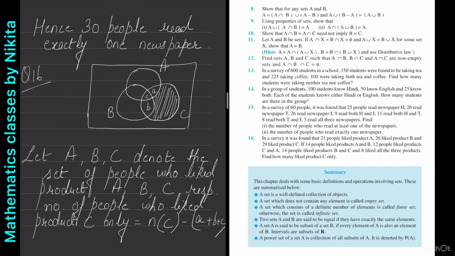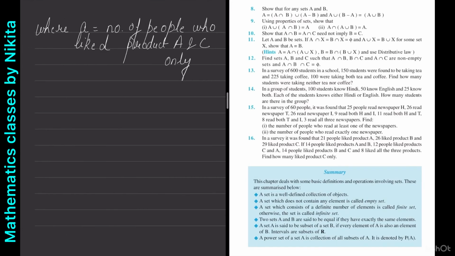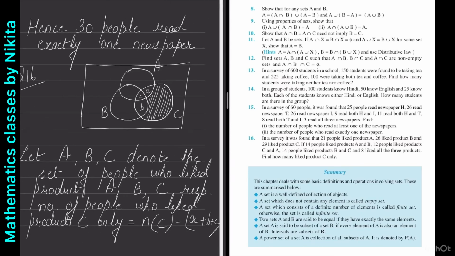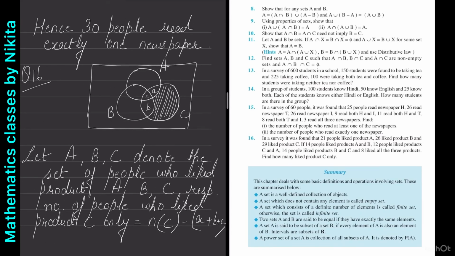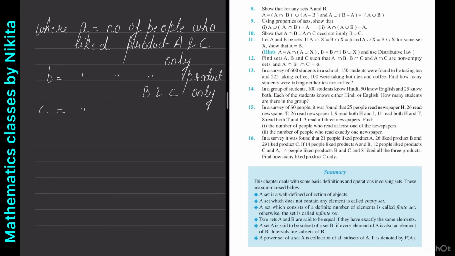B is equal to the number of people who liked product B and C only. And what is your small c? It is equal to the number of people who liked all the three products.